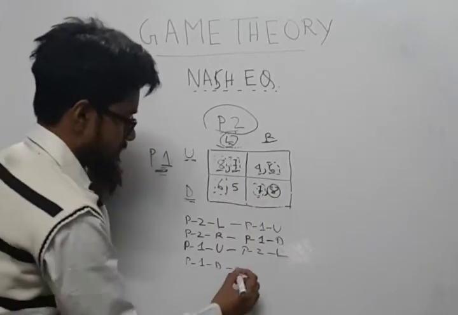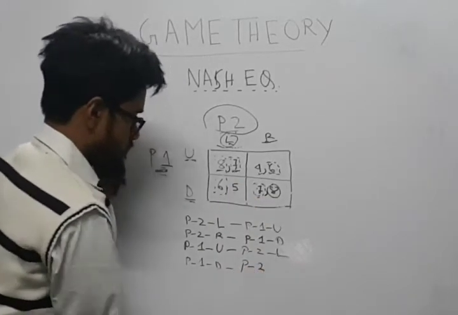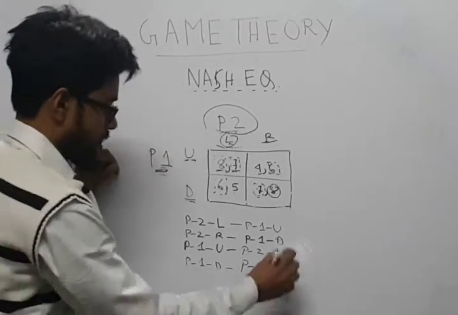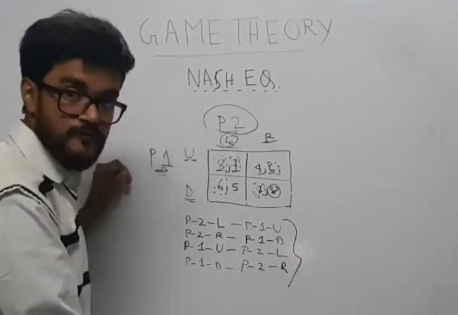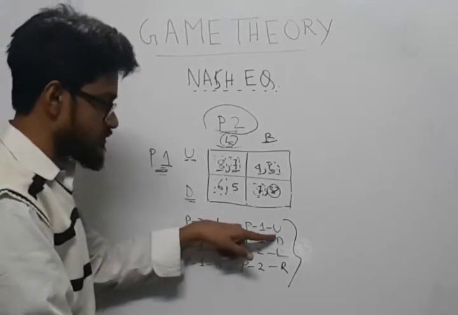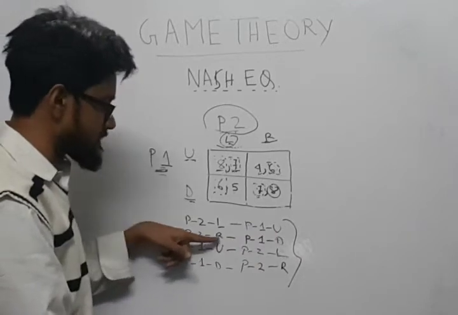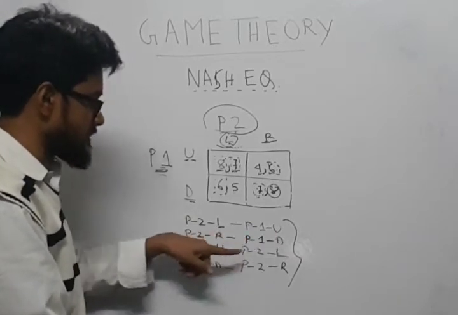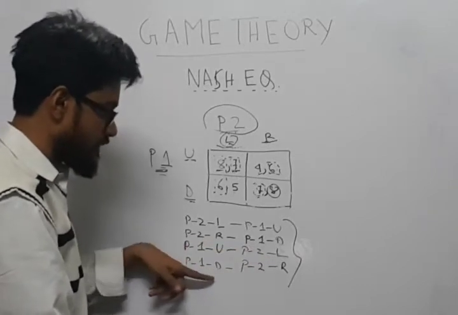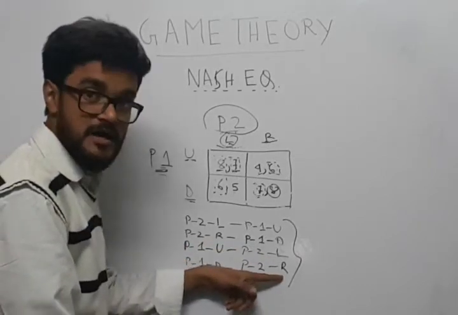So we would say player 2 chooses R. So in this game, what we have seen is that when player 2 chooses L, player 1 chooses U. When player 2 chooses R, player 1 chooses D. When player 1 chooses U, player 2 chooses L. When player 1 chooses D, player 2 chooses R.